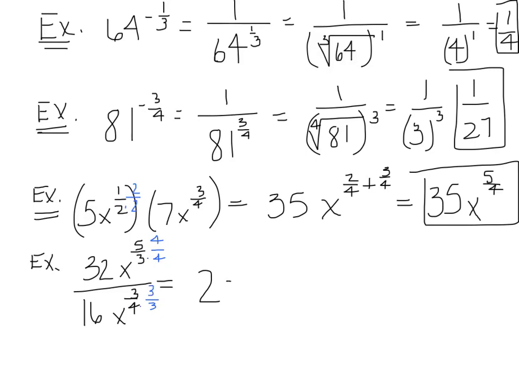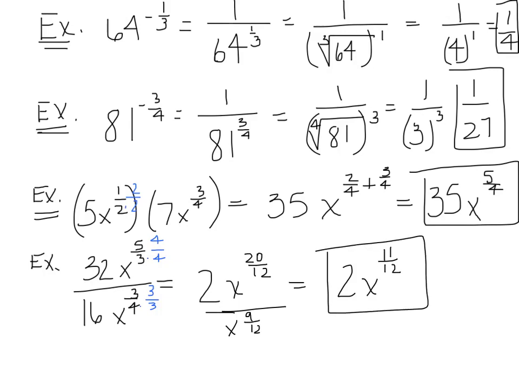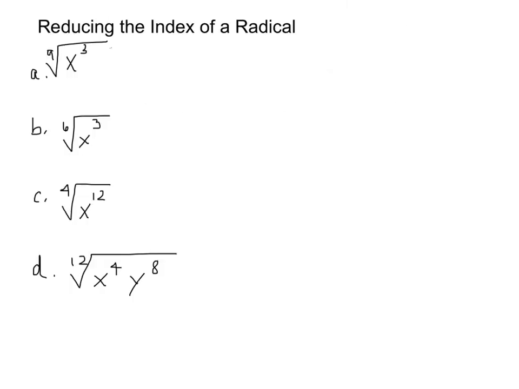So I'm going to get x to the 20/12 on the top and x to the 9/12 on the bottom. So 20 minus 9 is 11. So it'll be x to the 11/12. So that's the difference with rational exponents. You have to get common denominators to add and subtract.